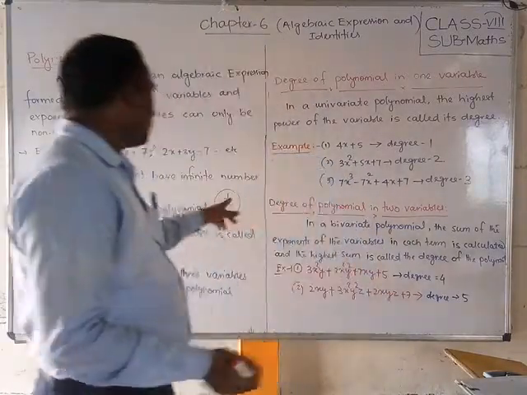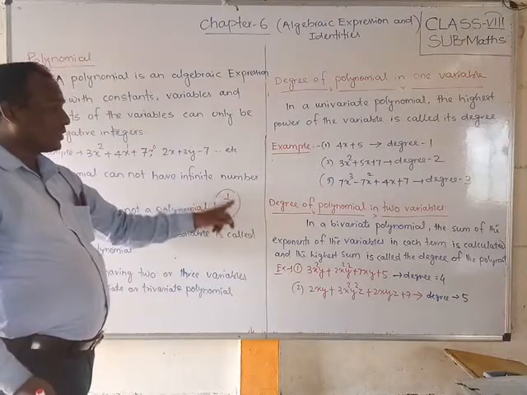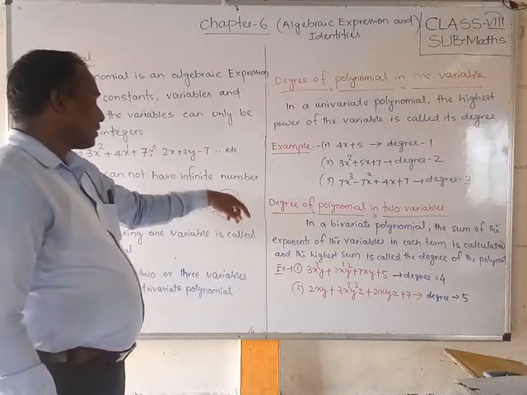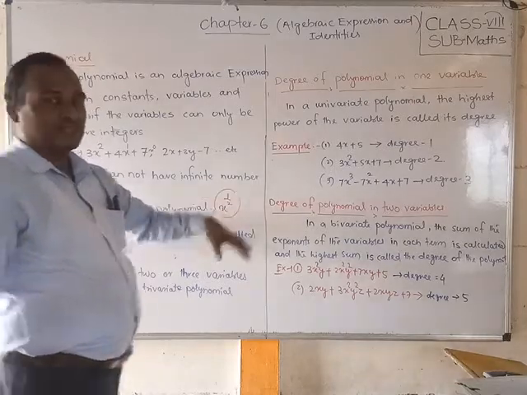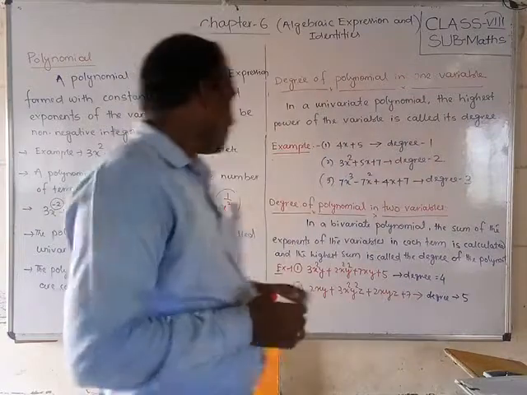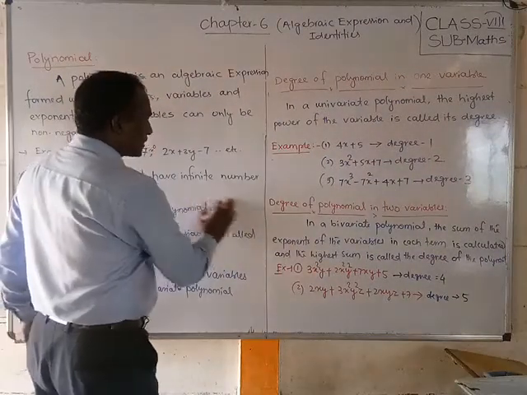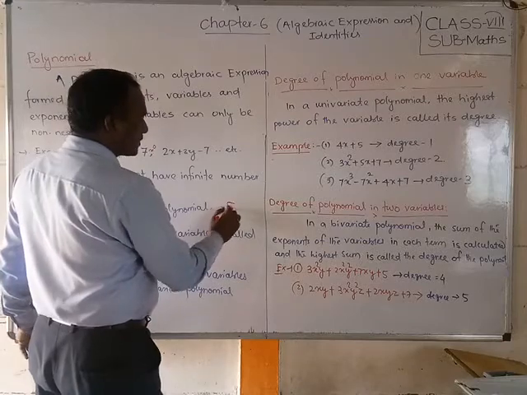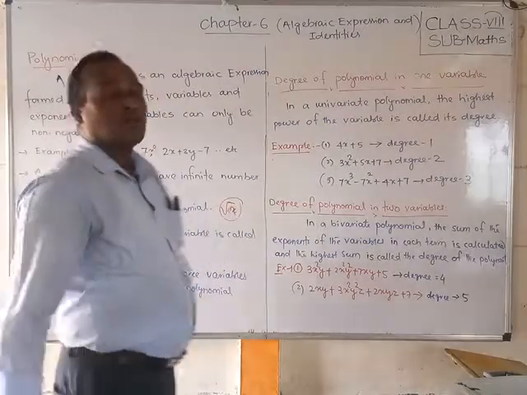But it is not a whole number. It is a rational number. So we cannot take it as a polynomial. So root over x, root 3, root 5, root 2 or root x are not polynomials.